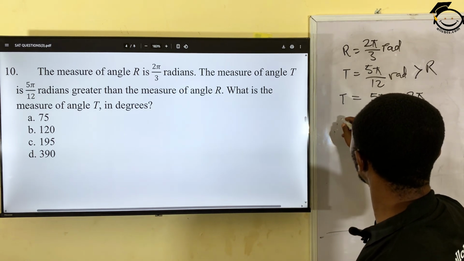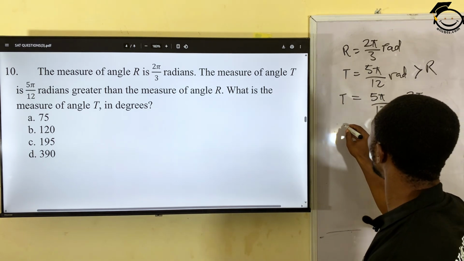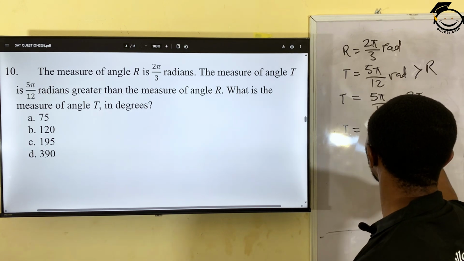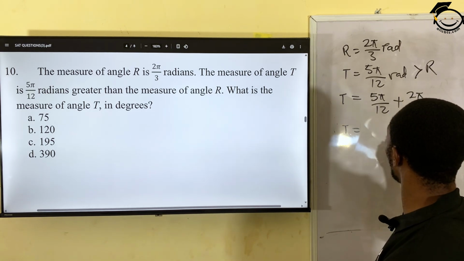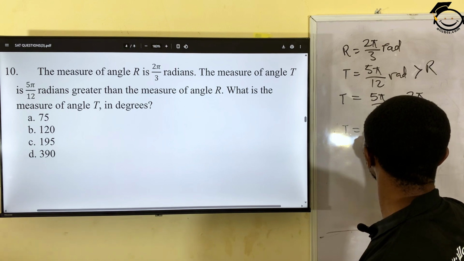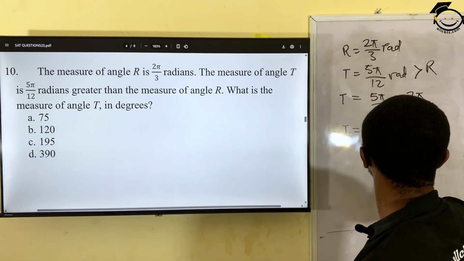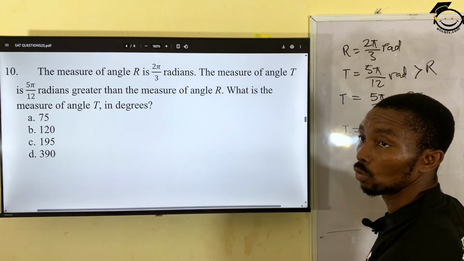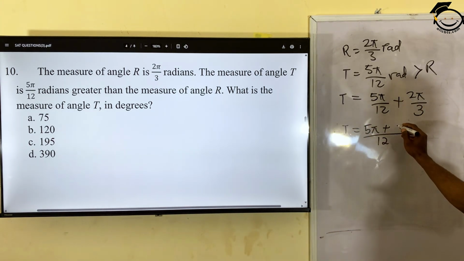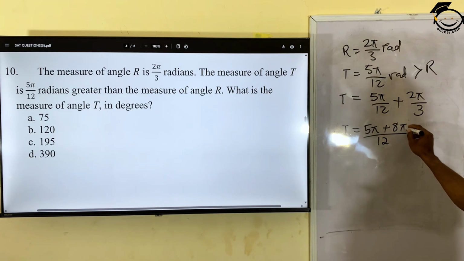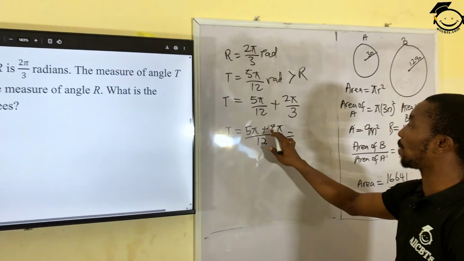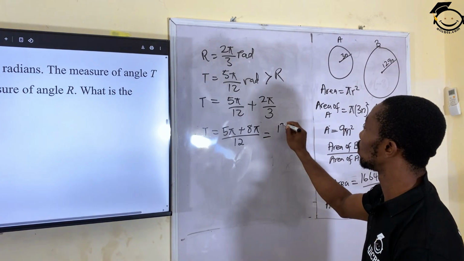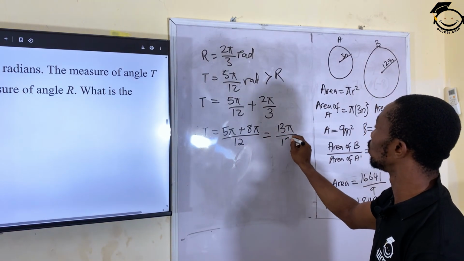Now, to find T in radian, the LCM of 12 and 3 is 12. This becomes 5 pi plus 4 times 2, which is 8 pi. 5 pi plus 8 pi gives us 13 pi over 12.